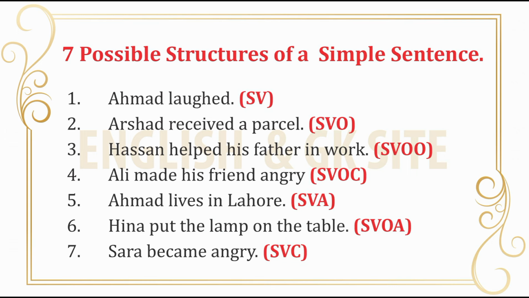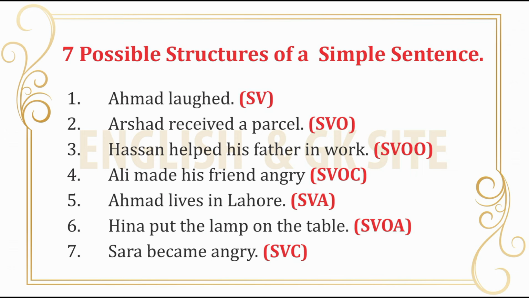Here, the first one is Ahmed laughed. It is a complete sentence that is made up of subject element and verb element. SV. This is one possible structure. The next is Arshad received a parcel. Here we have subject, verb element, and object element.